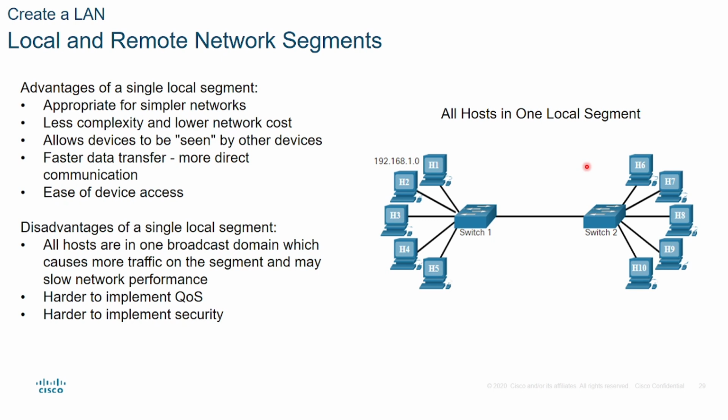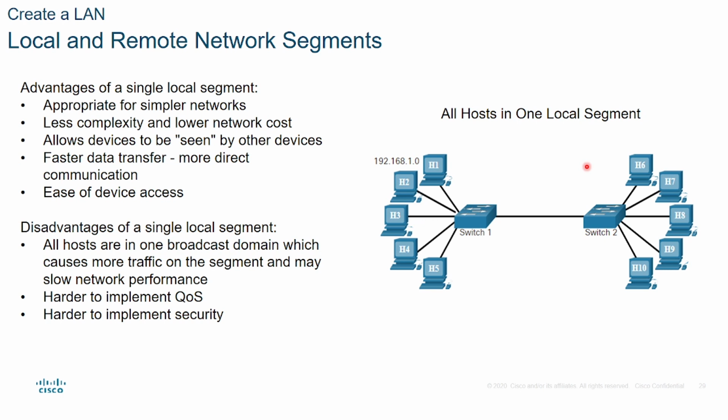Now, let's look at the advantages of a single local segment. It's appropriate for simpler networks, so there's less complexity and lower network cost, and it allows devices to be seen by other devices, faster data transfer, and ease of device access.